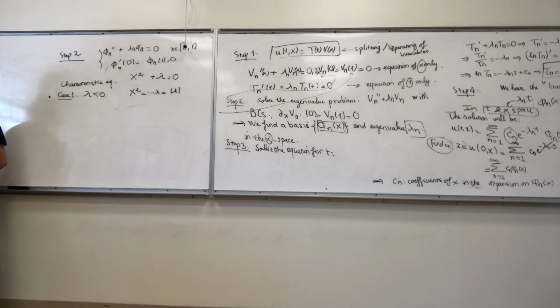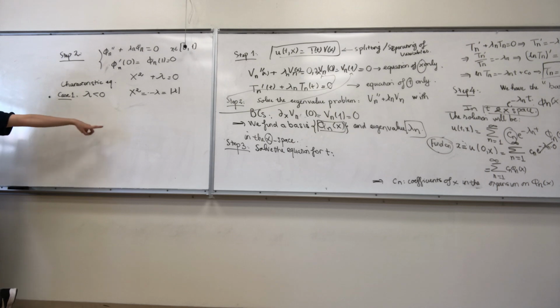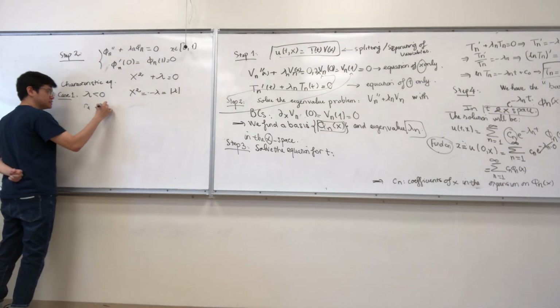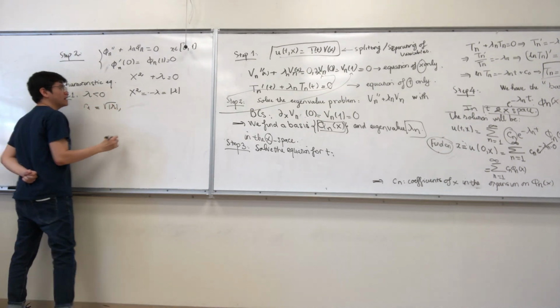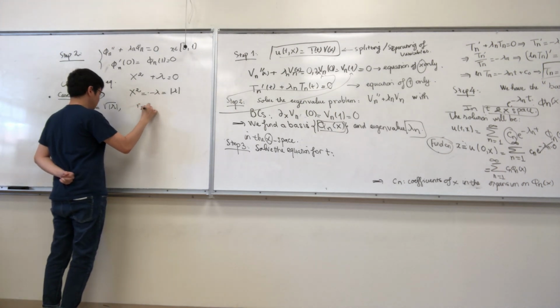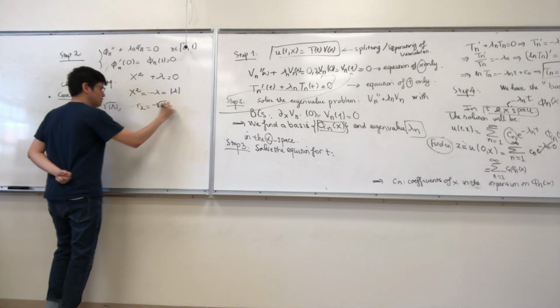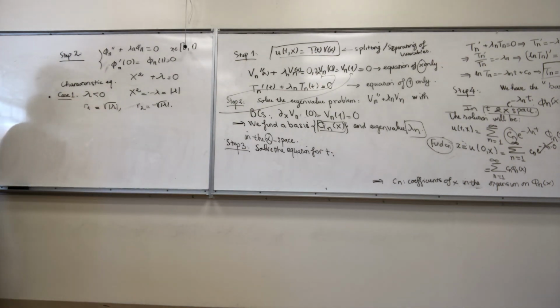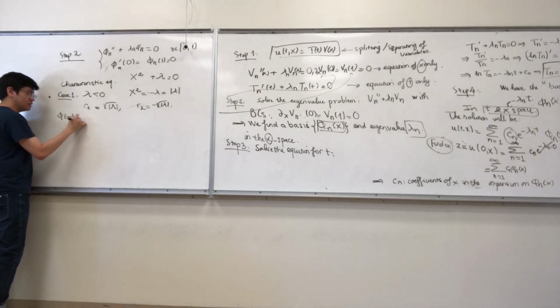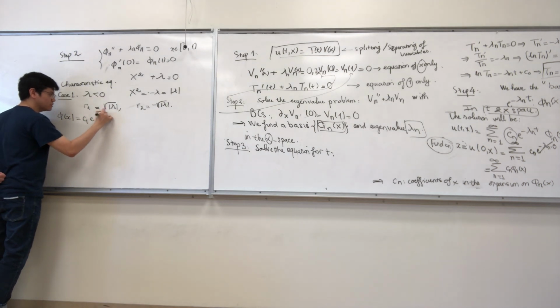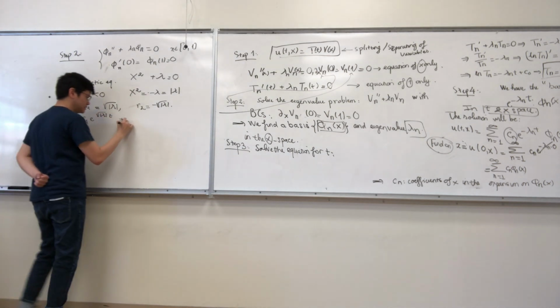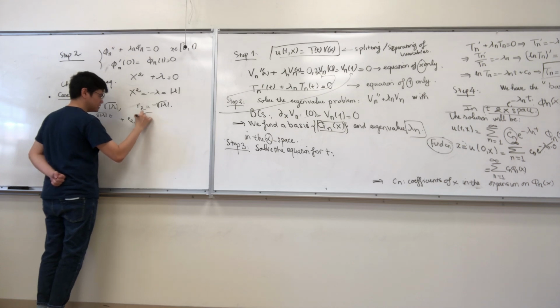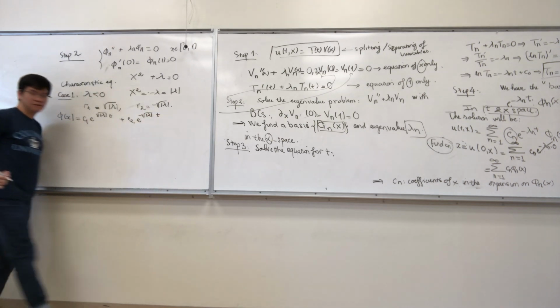So you have 2 roots. Root number 1 is the square root of lambda, and root number 2 is minus the square root of lambda. So the solution will be C1 exponential of square root of lambda t plus C2 exponential of minus square root of lambda t.